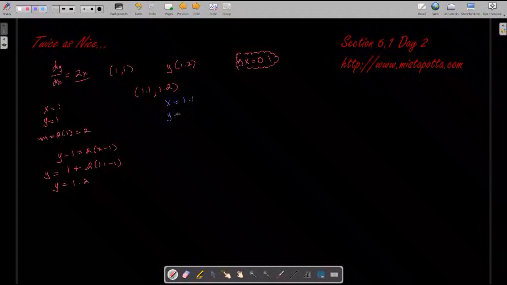X is 1.1, y is 1.2, and my slope is 2 times my x coordinate, or 2.2. And so now when I do my tangent line, I'm using my new x coordinate, and I'm using my new y coordinate.